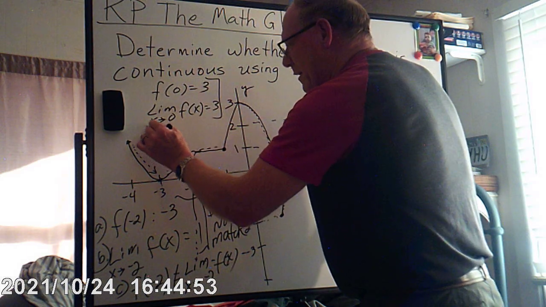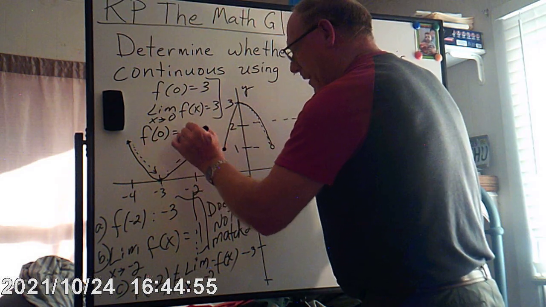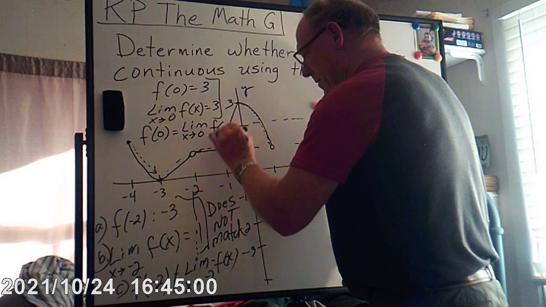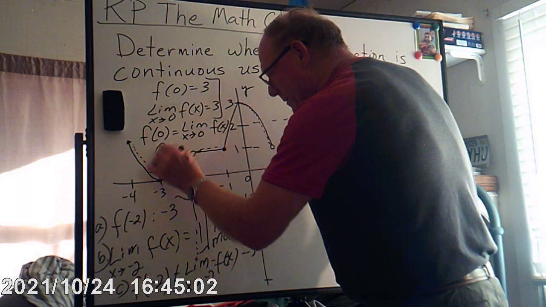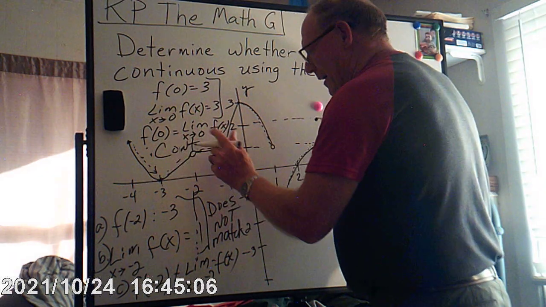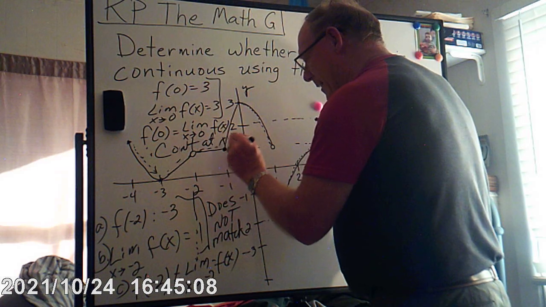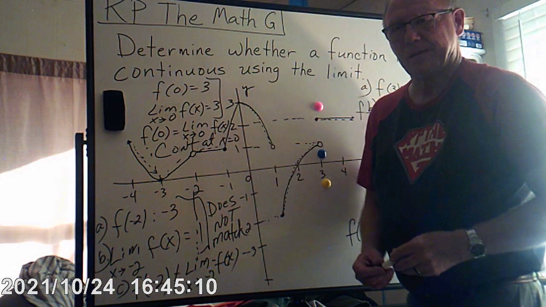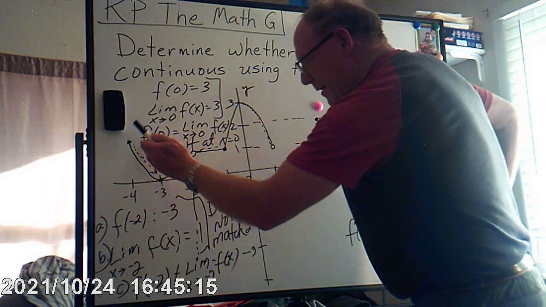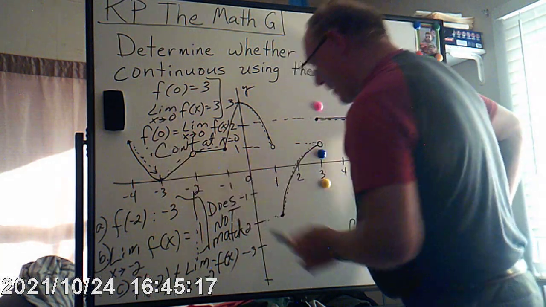So then, f at 0 equals the limit as x approaches 0 of f of x. So we have continuity. Therefore, we have continuity at x equals 0. We're good here. And we're good here. We have continuity here.